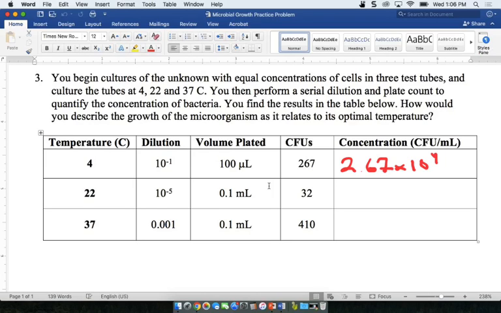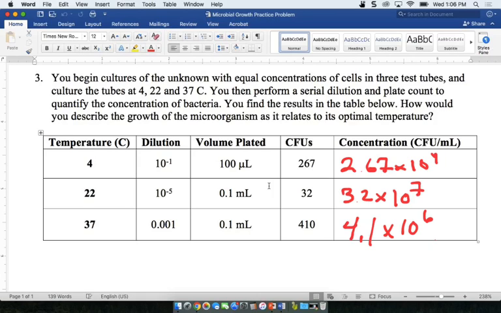What did we get for the second one? 3.2 times 10 to the 7th, or 32 million if you're writing it out. How about for the last one? 4,100,000, or 4.1 times 10 to the 6th.